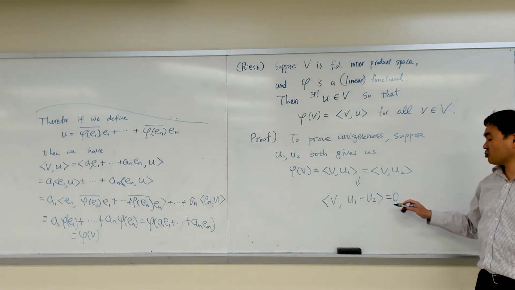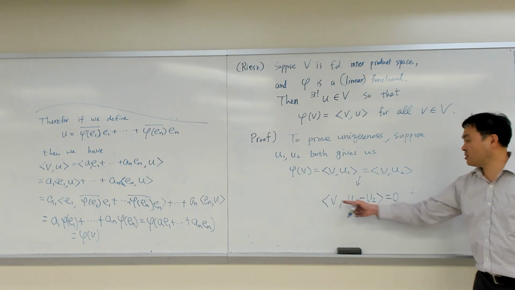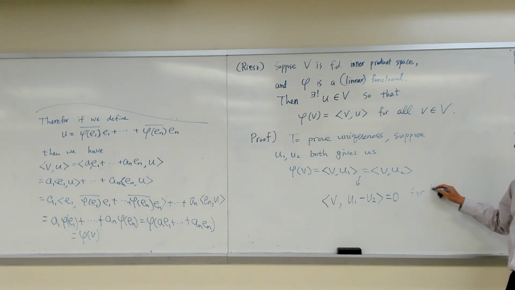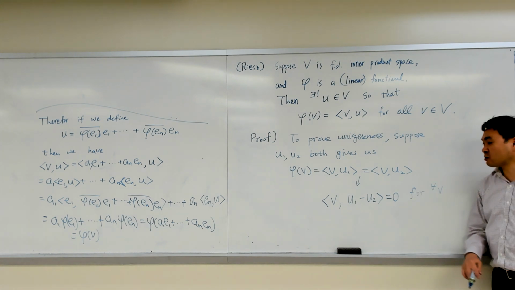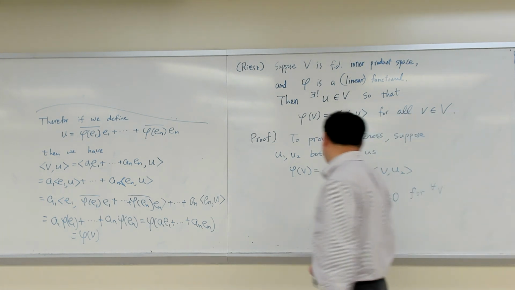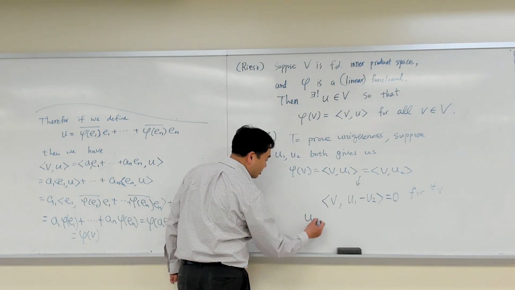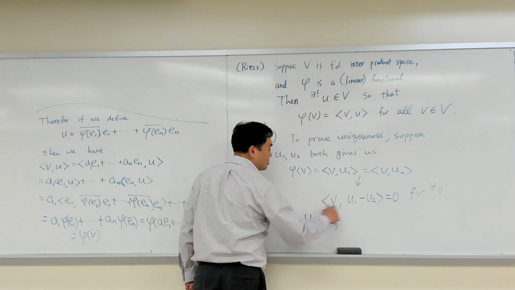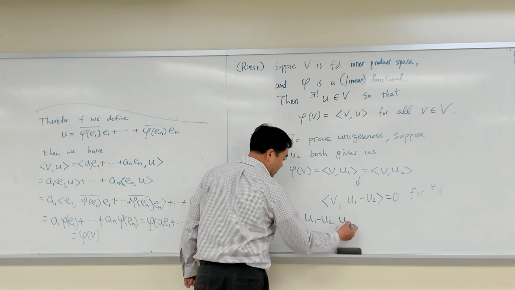But this is true for all V. Now we take the special case where V is exactly equal to U1 minus U2. Since this is true for all V, we can choose V to be U1 minus U2, right?